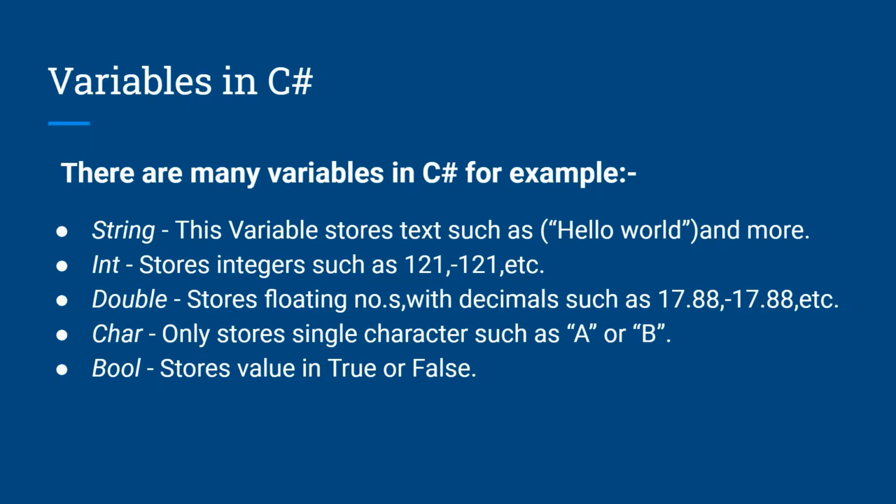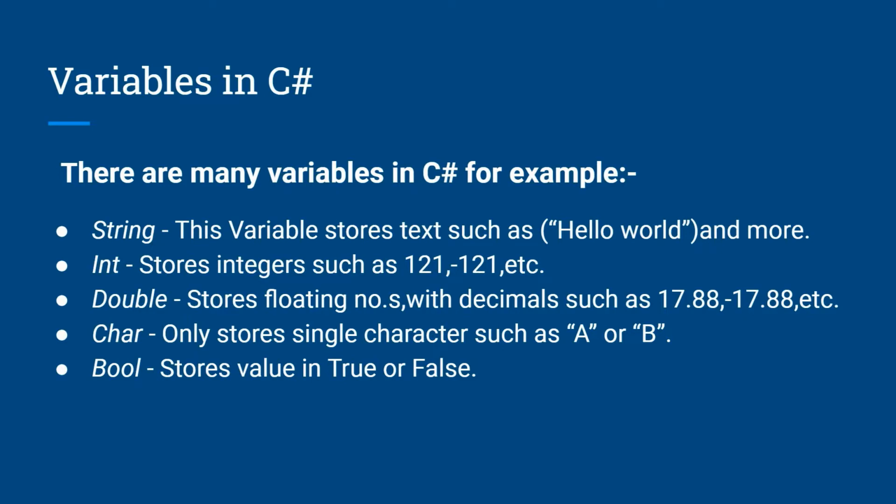This stores floating numbers with decimals, such as the example here, 17.88 or minus 17.88, etc.